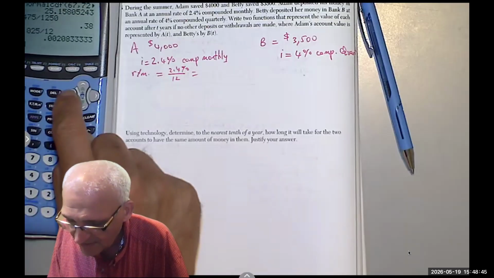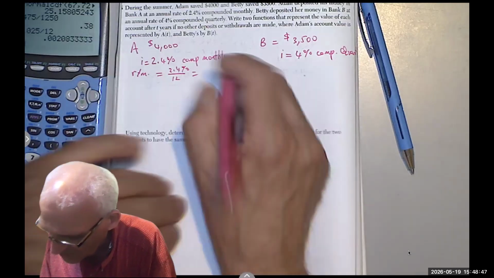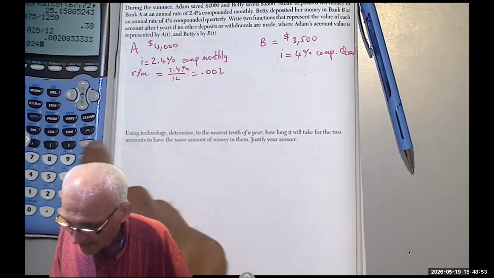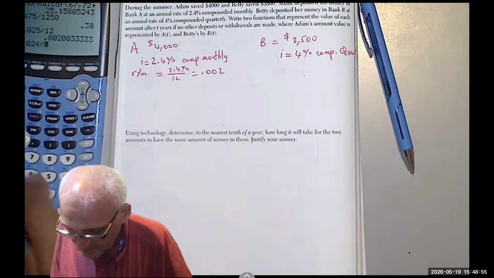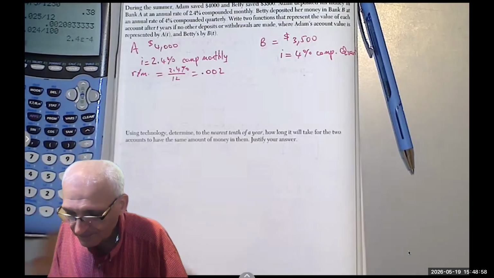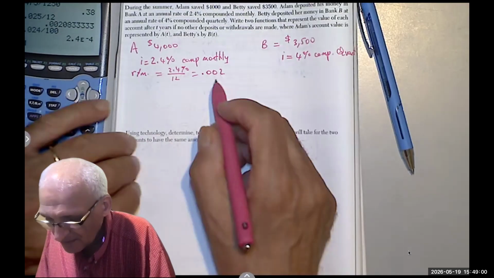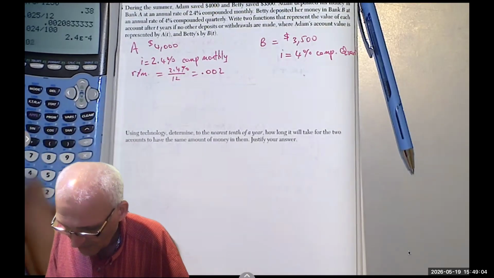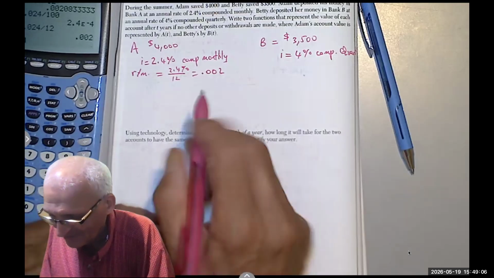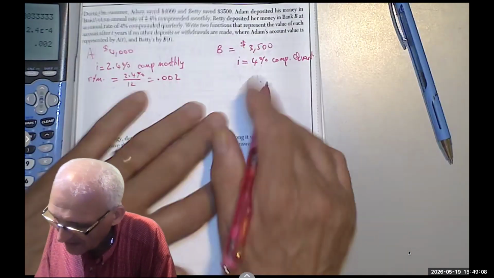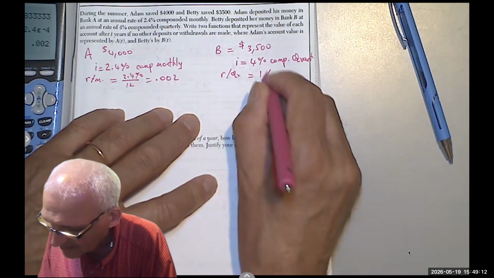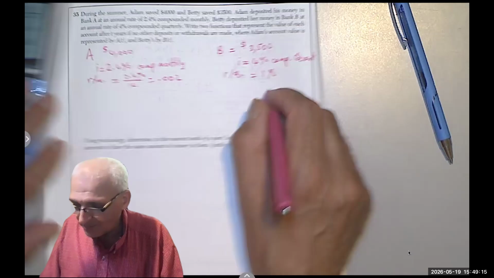Oh, I'm sorry, I said 0.024 and I wrote 0.025. Wait a second. Dividing by 12 is 0.002. This one, r per quarter, is 1%. 4% divided by 4 is 1%.